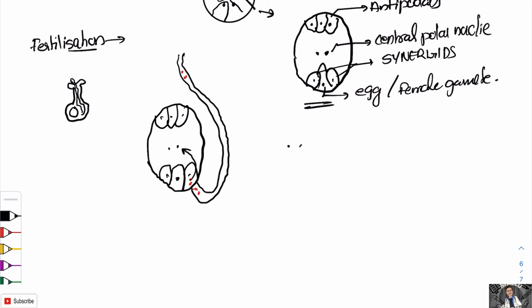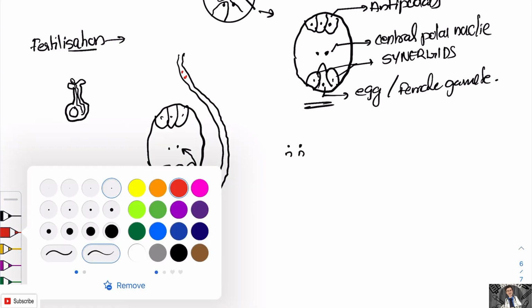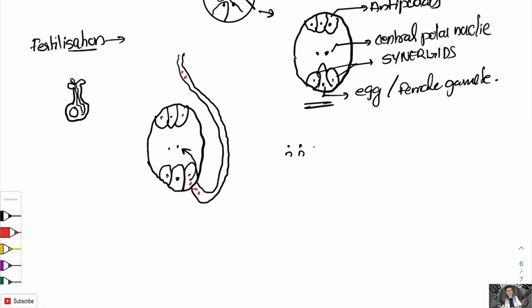So the central polar nuclei, both of them being haploid, are now joined by one of the male gametes. The male gamete is also haploid. Now what do we get? We get a triploid structure. Am I right or wrong?